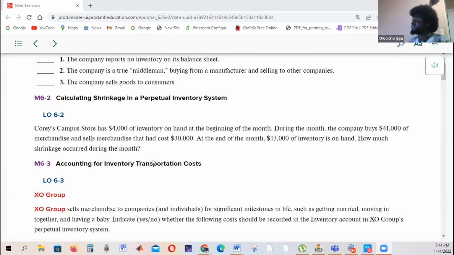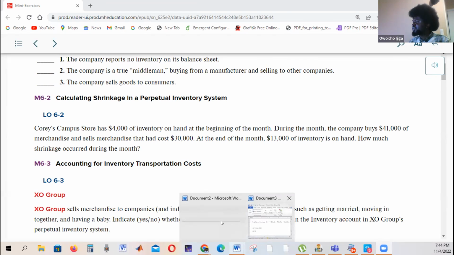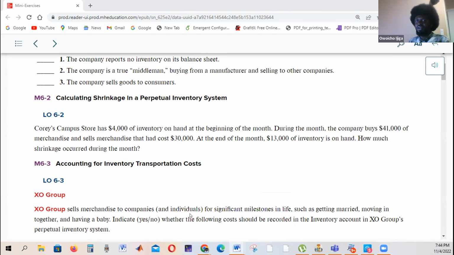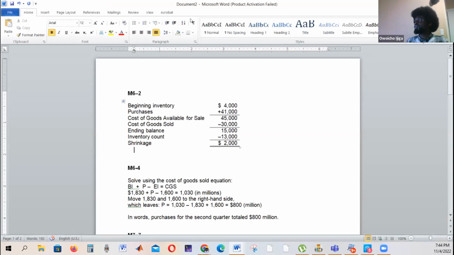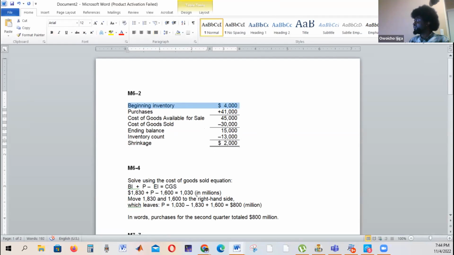ABC Stores has $4,000 of inventory on hand. As you're looking at that, let me draw the problem so that you can also see. That is the beginning inventory that you see in the problem.